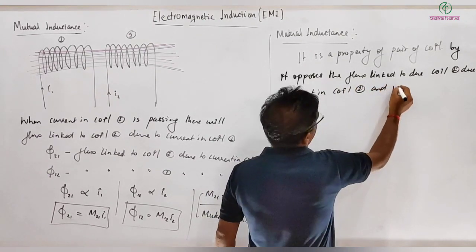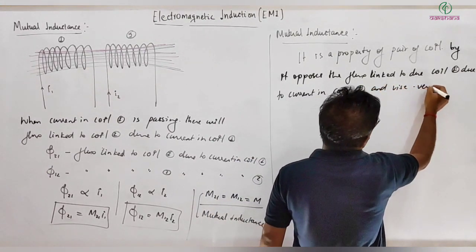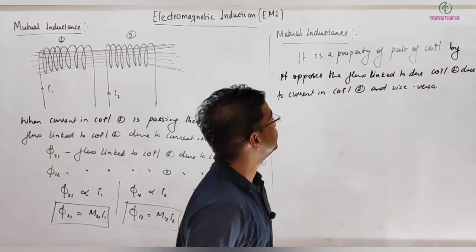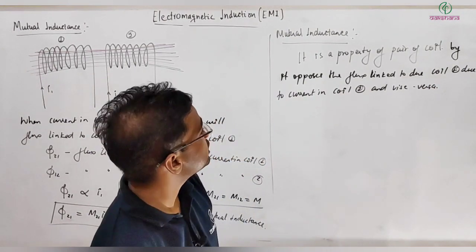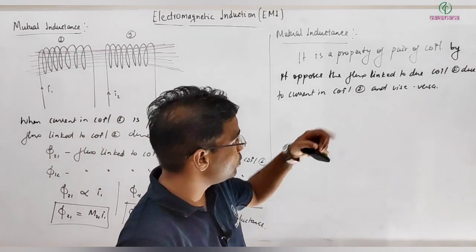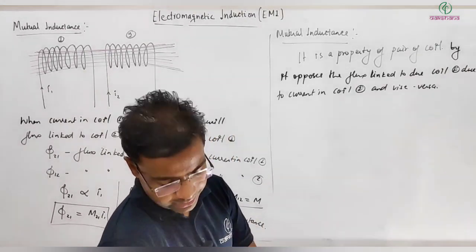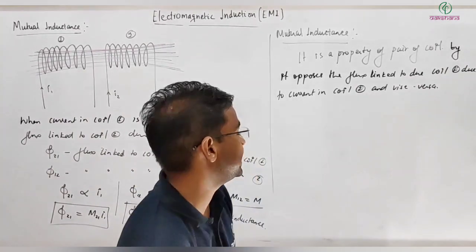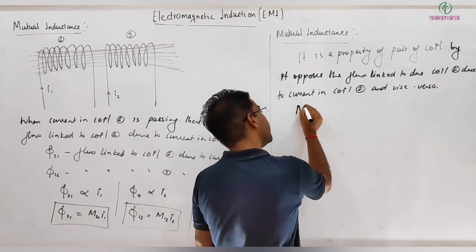Similarly, it is the property of a pair of coils by which it opposes the flux linked to coil 2 due to current in coil 1, and that is called mutual inductance. It is denoted by M.